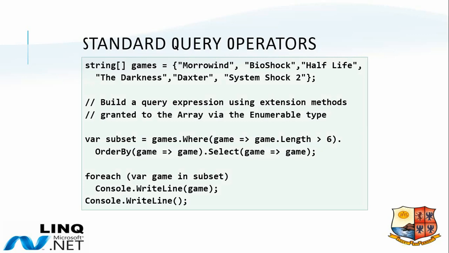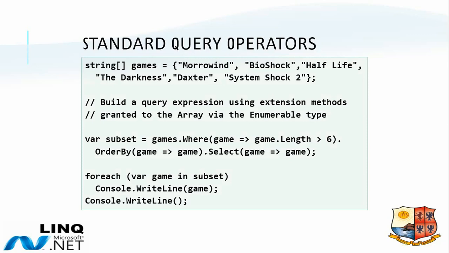In the second line I've written var subset is equal to games dot where. Game is a range variable here. You have to use the same word everywhere. Game goes to game dot length is greater than 6, dot order by game goes to game, order by the game name, then select game. Please note there are three methods applied on the same object.